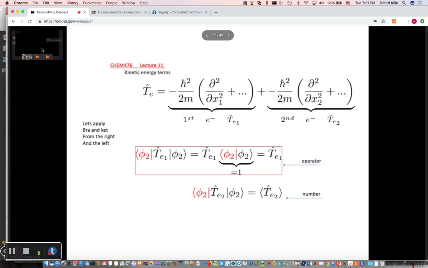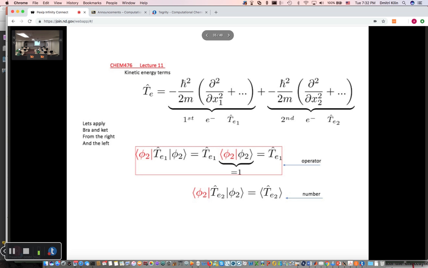Okay, so now, if you look inside this little box, the kinetic energy of the first electron, this operator, does not change the wave function of the second electron.